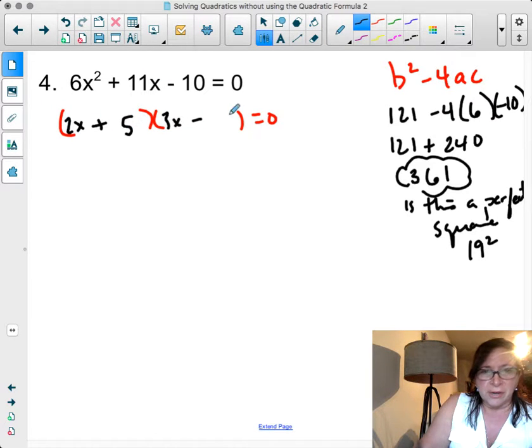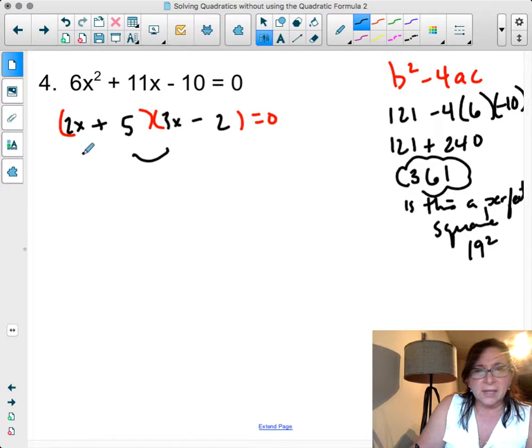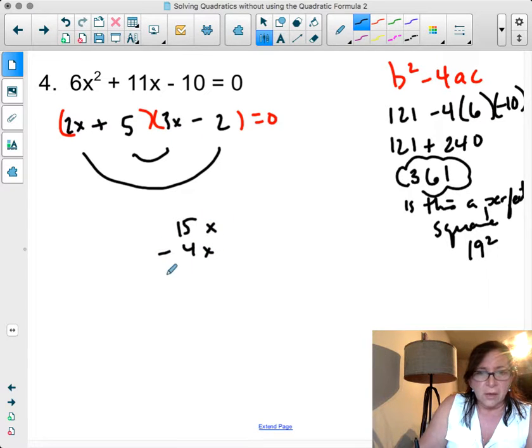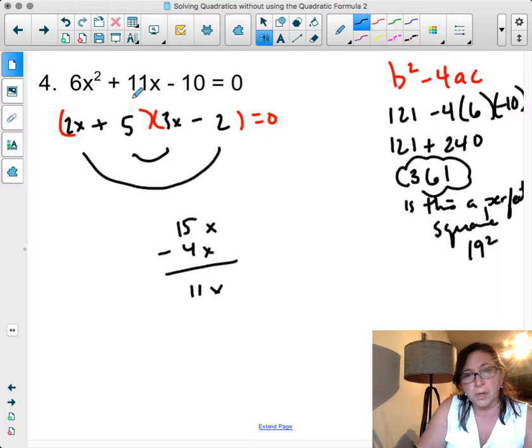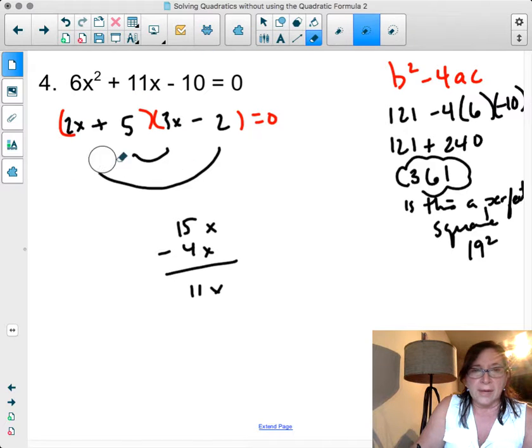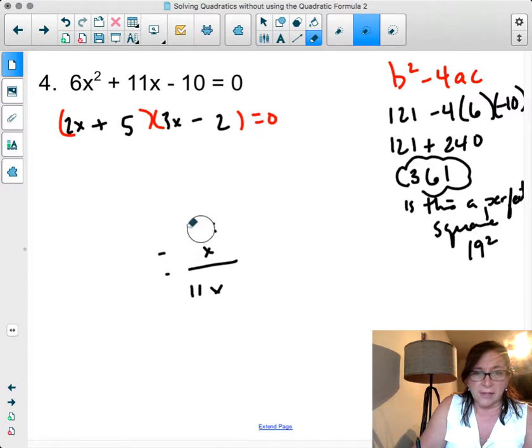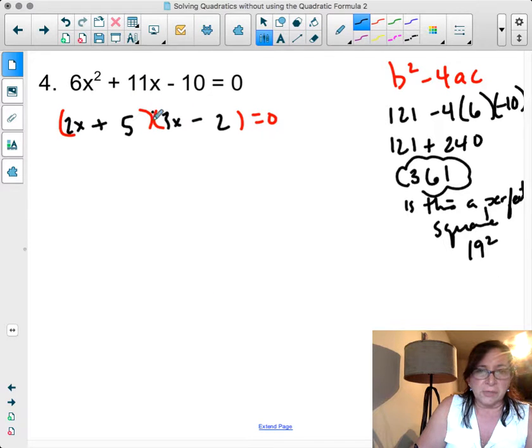This will be 5 here, 2 here. Checking the insides and the outsides, I get 15x. And then negative 4x, which does make 11x, which is what I want. So now, since I did factor that correctly, I'm going to split this up and set both sides equal to 0.